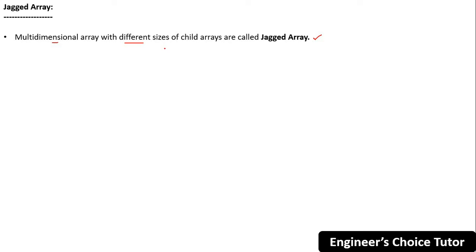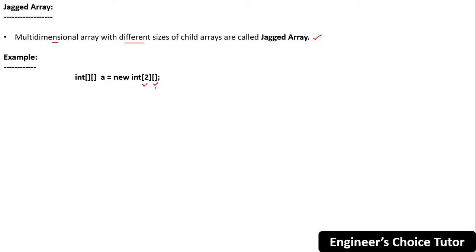You might have noticed all the child arrays had the same sizes in the previous slides. But if a multidimensional array is present with different sizes of child arrays, then that type of array is called a jagged array. For example, see, here I have specified only the parent size.